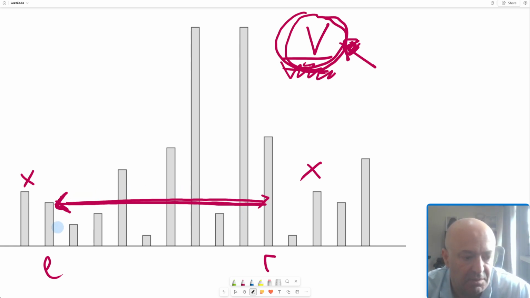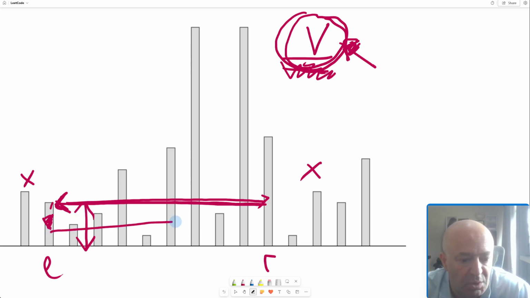So if a better container has this wall as one of its walls, then its height obviously cannot be taller than the height of the current container.